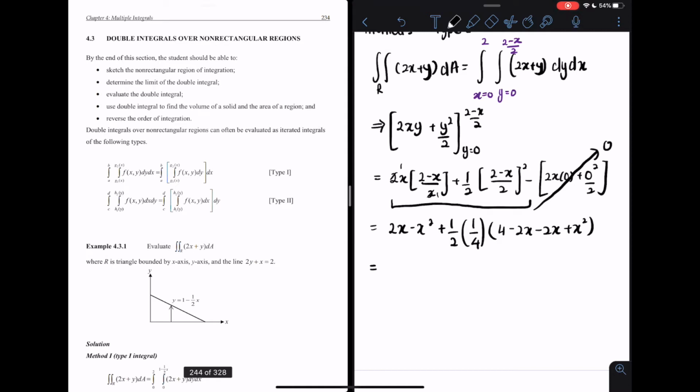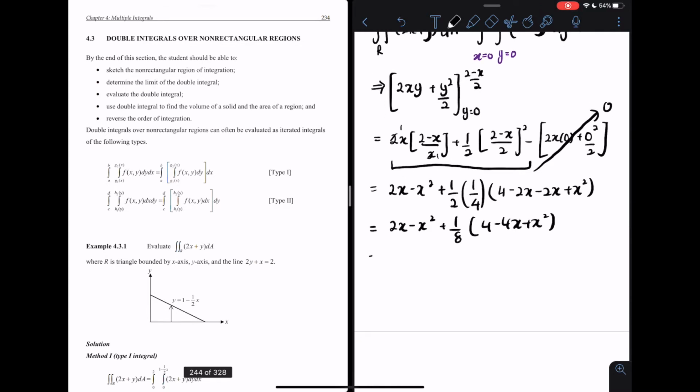Okay, and then right after that, 2x minus x squared plus 1 over 8 times (4 minus 4x plus x squared), and then I will get 2x minus x squared plus 1 over 2 minus x over 2 plus x squared over 8.